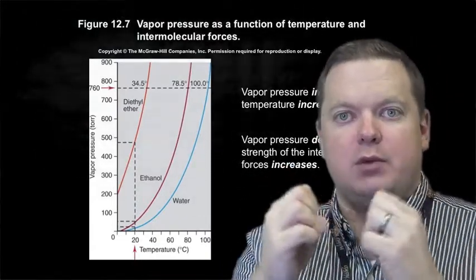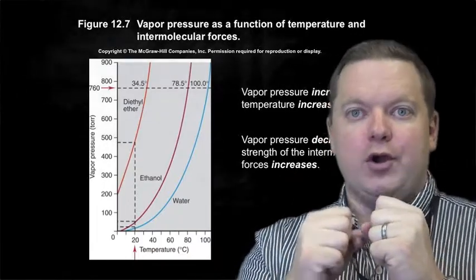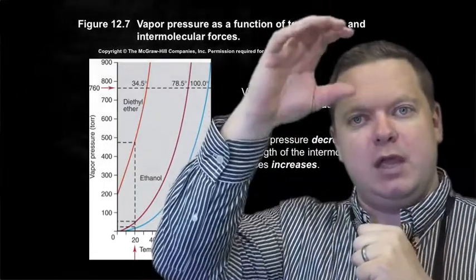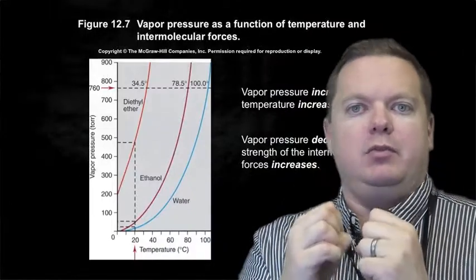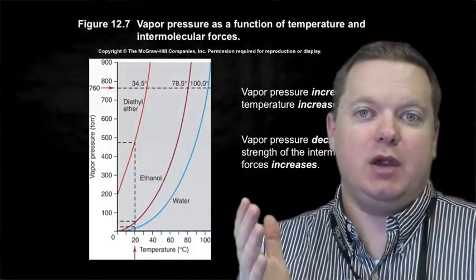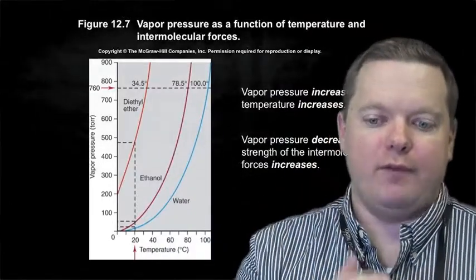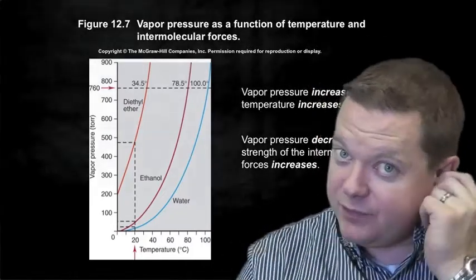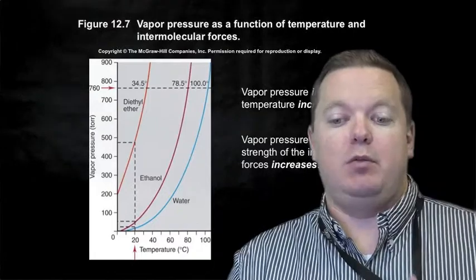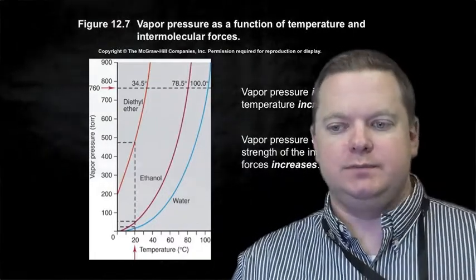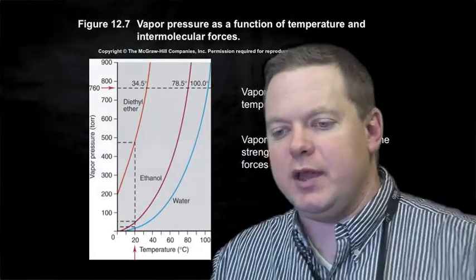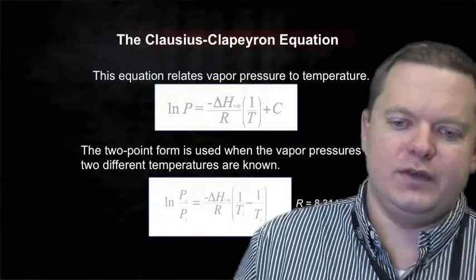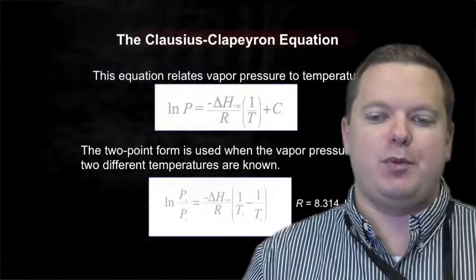The stronger the intermolecular interaction, the harder it is for a molecule to break free, so a stronger intermolecular interaction at the same temperature gives a lower vapor pressure. Vapor pressures typically decrease as these intermolecular forces increase.